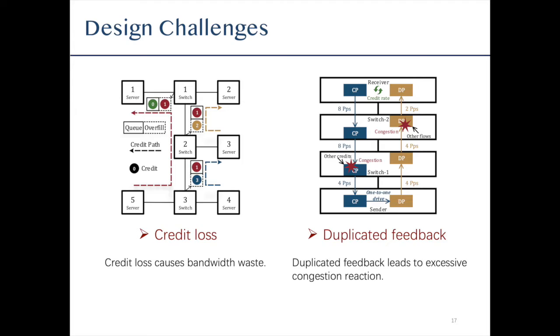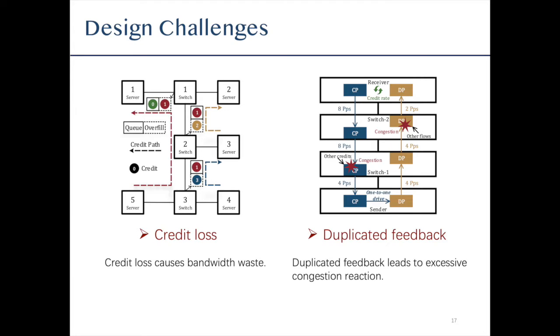The second challenge is duplicated feedback from both credit and data planes. At the beginning of the flow transmission, the receiver sends credits to the sender at the rate of 8 packets per second, we name it PPS. However, the credits are congested at the credit processor of switch 1, and then the rate is cut to 4 PPS.